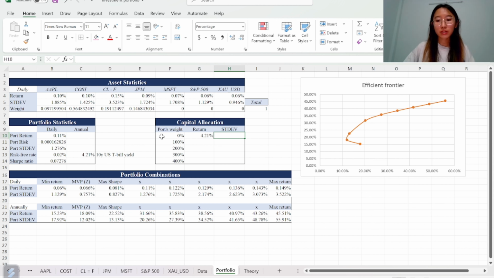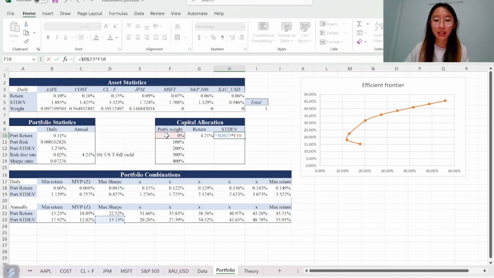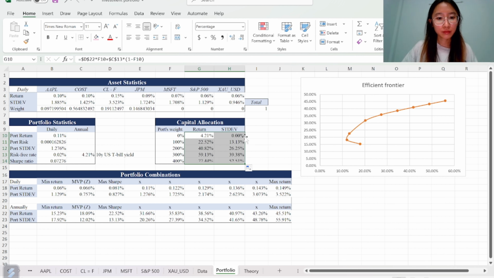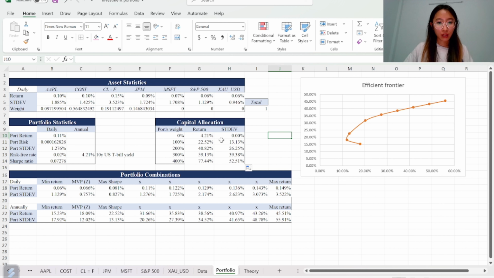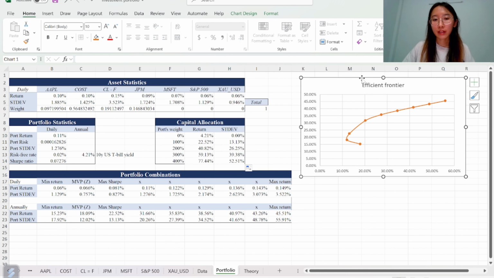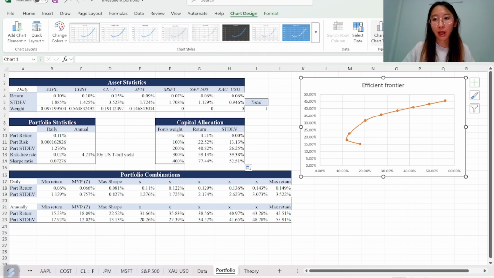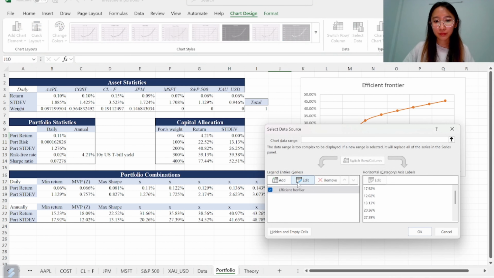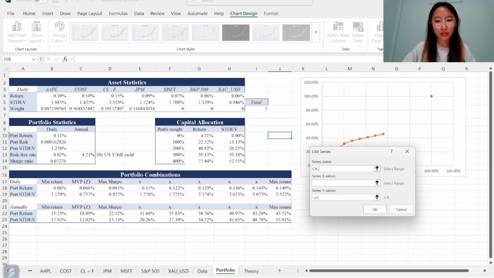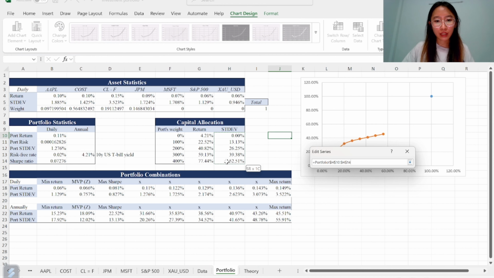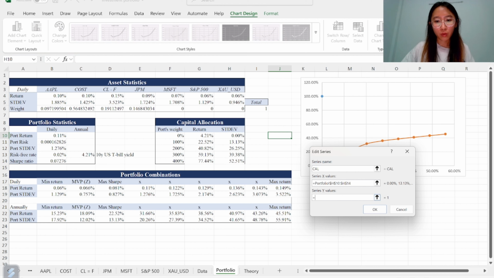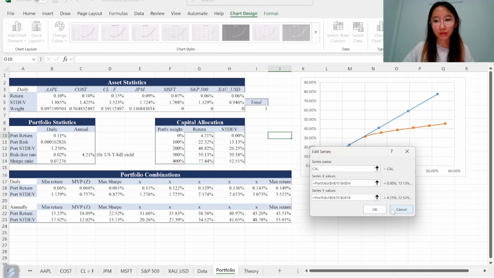For the standard deviations, we will take the standard deviation of max Sharpe ratio and then multiply it with the portfolio weight only, because the risk-free asset, as its name implies, inherently has no risk. And that is it. Next, we will add this into our chart. Let's call this CAL, and x value is standard deviations, while the y value is the returns.